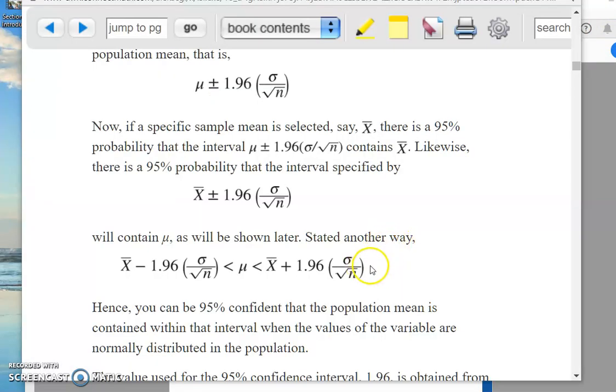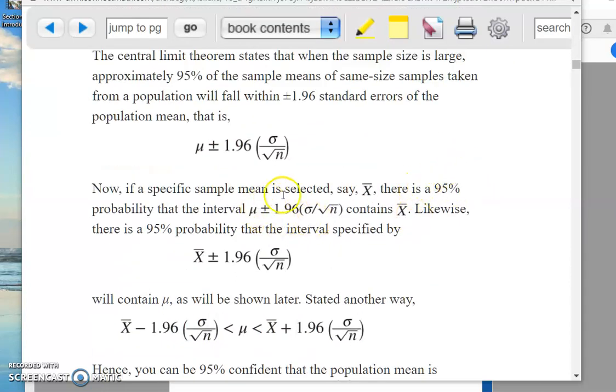So what's the bottom line here? The bottom line is that if you select a sample mean, select an X bar, it's going to be a 95% probability that it's somewhere in this interval, mu plus or minus 1.96 times the standard error.